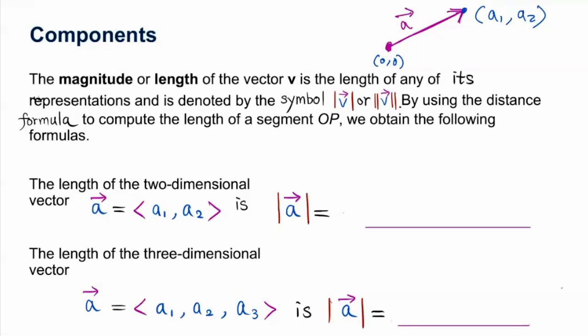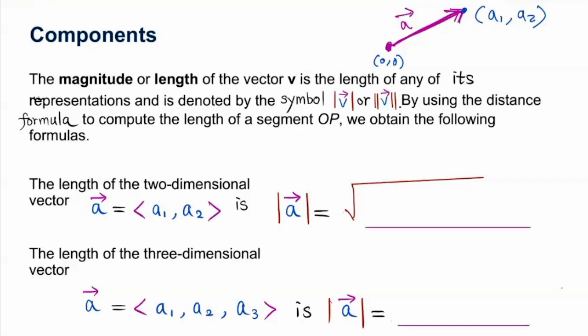So what will be the magnitude? In other words, how long is this vector? By the Pythagorean theorem, what do you think? Or by the distance formula? Yeah, you got it. That is the square root of what?